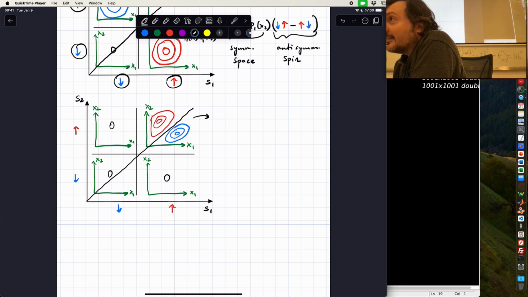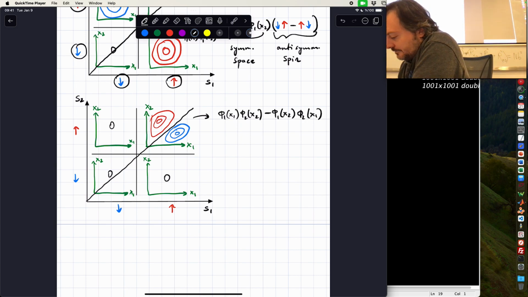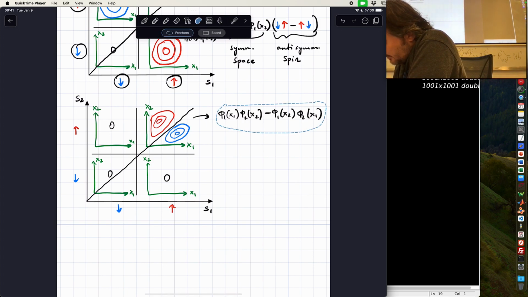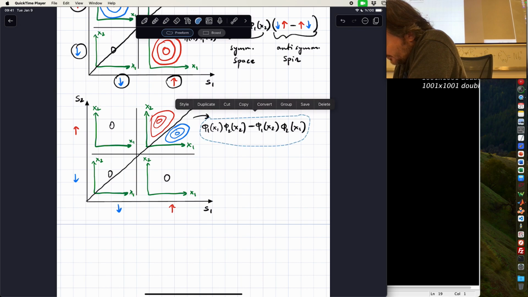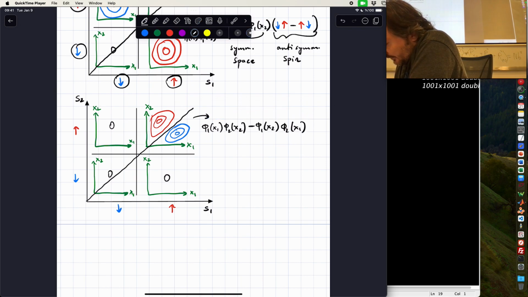Do you remember? It was phi 1 x1, phi 2 x2 minus phi 1 x2, phi 2 x1. That's the space part. And the spin part is easy for this one. The spin part is just simply up times up, up, up. That's the whole wave function.